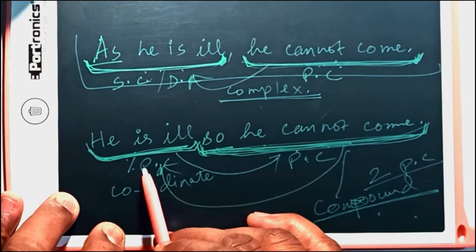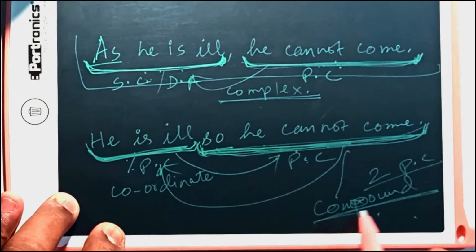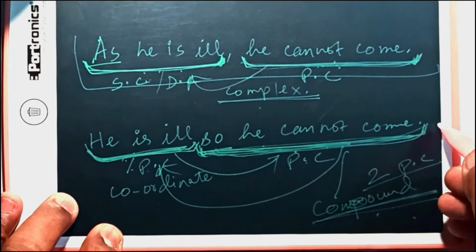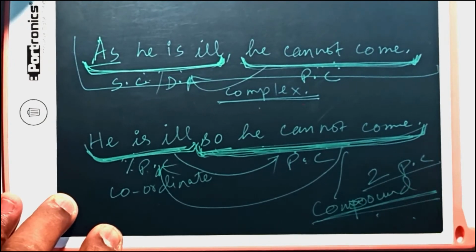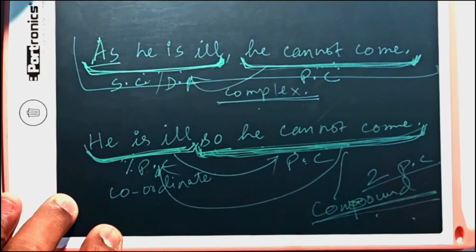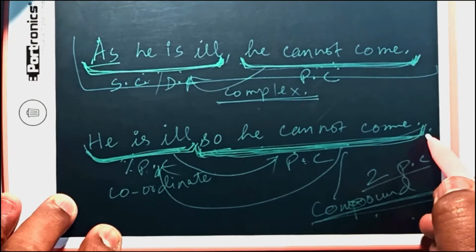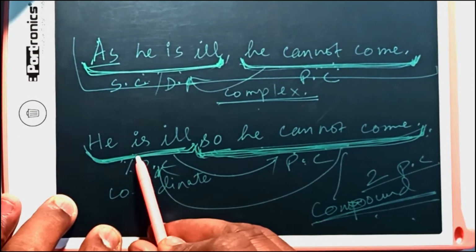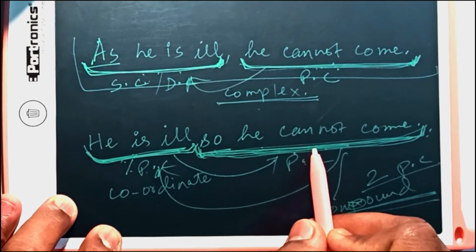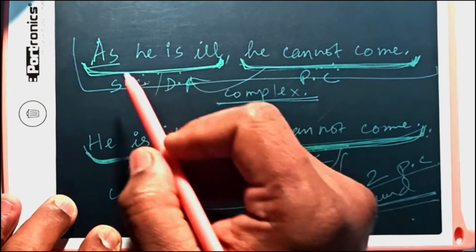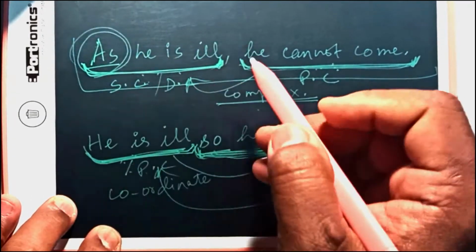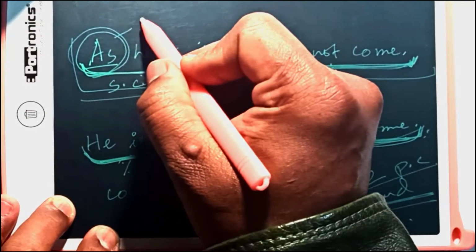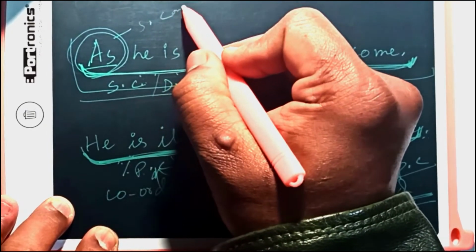In the case of a compound sentence, we need two principal clauses minimum, and we may have subordinate clauses. Doesn't matter whether we have subordinate clauses or not, it's not a big deal for us. What we must know is we must have two principal clauses. Alright, now you see here this conjunction, because it's making the sentence a subordinate clause, we call it a subordinating conjunction.